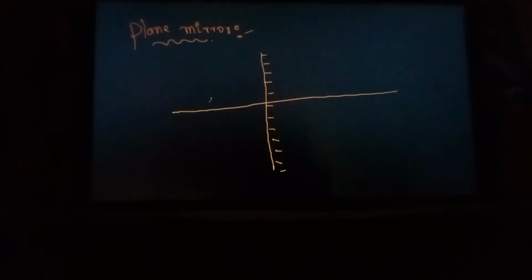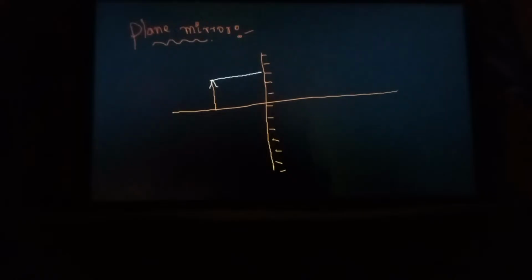The object I am placing here like this. One light ray I am taking.